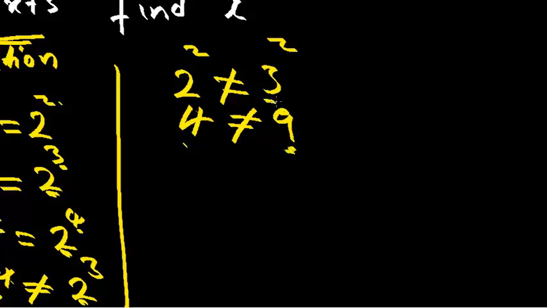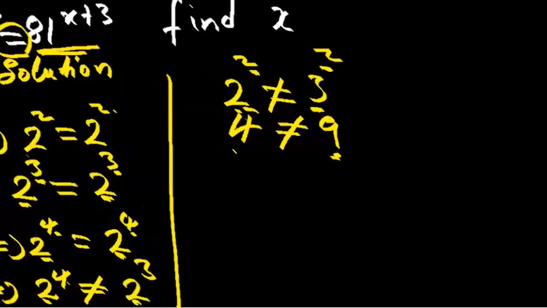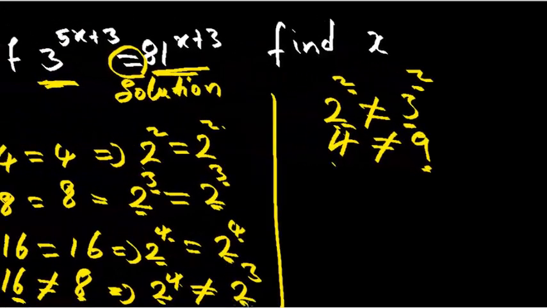Right, so if the bases are different and the indices are the same, the right side will not be equal to the left side because of the difference in the bases. And also, as in the case of this one, if the bases are the same and the indices are different, the left side and the right side would not be the same because of the difference.